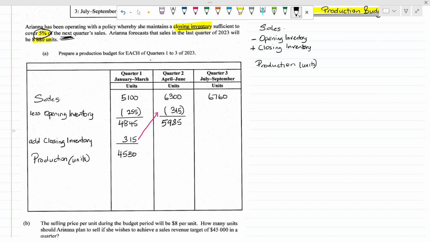So I'm finding 5% of that. That's 338. So I'm not only making this, I'm making this plus 338. So my total production in units is going to be 6,323. And then my closing inventory from this period becomes my opening inventory for the next period.